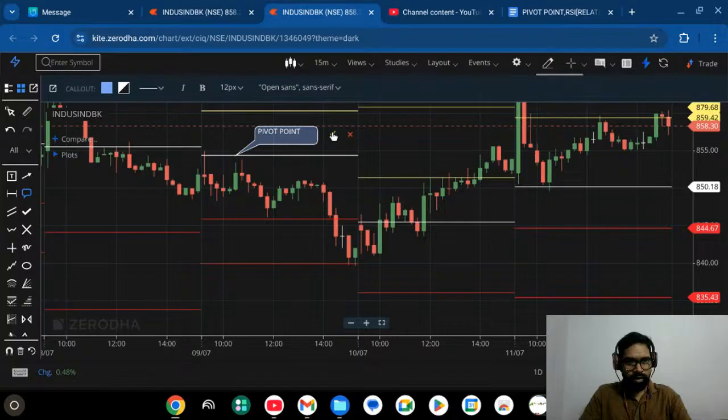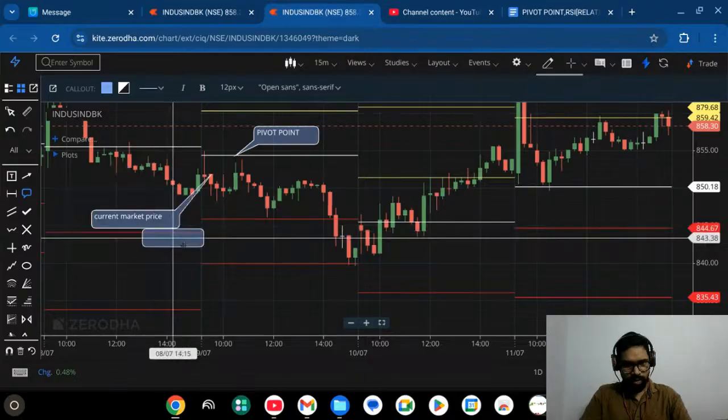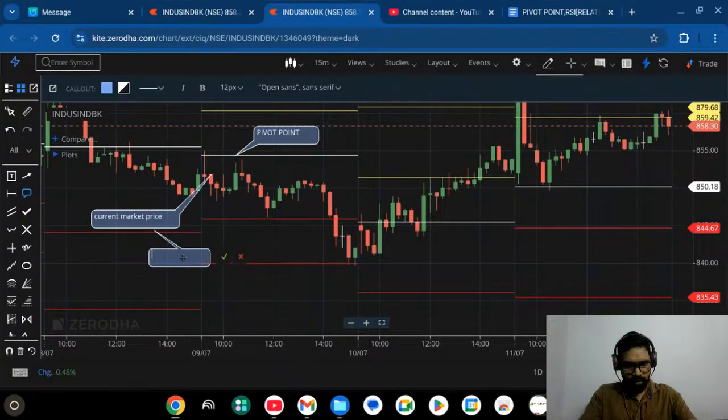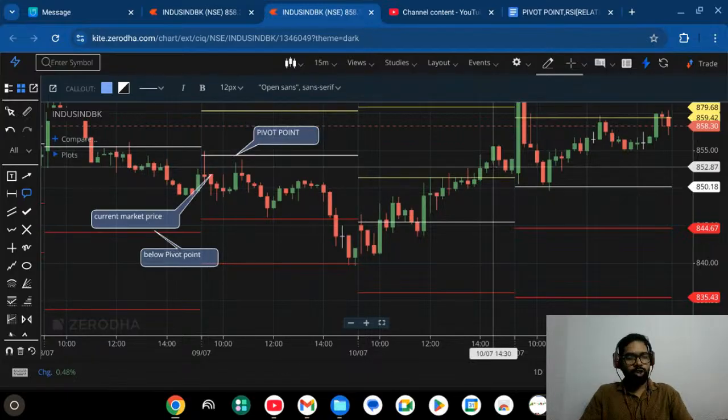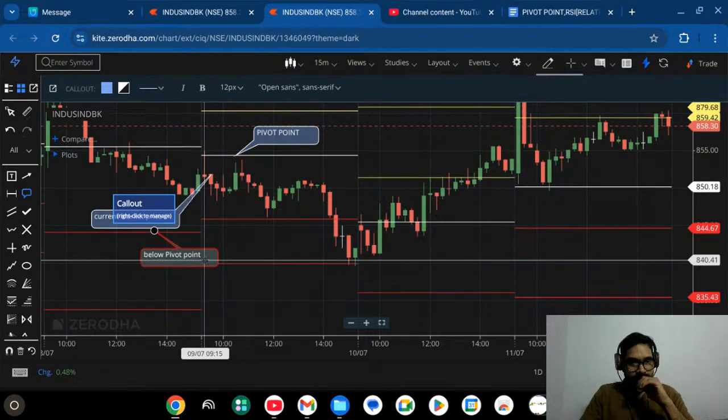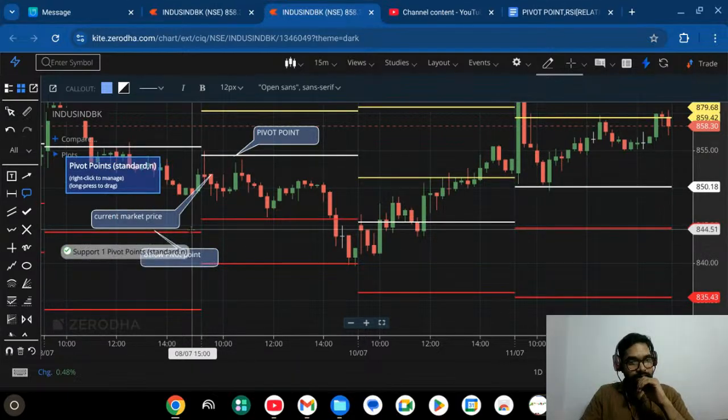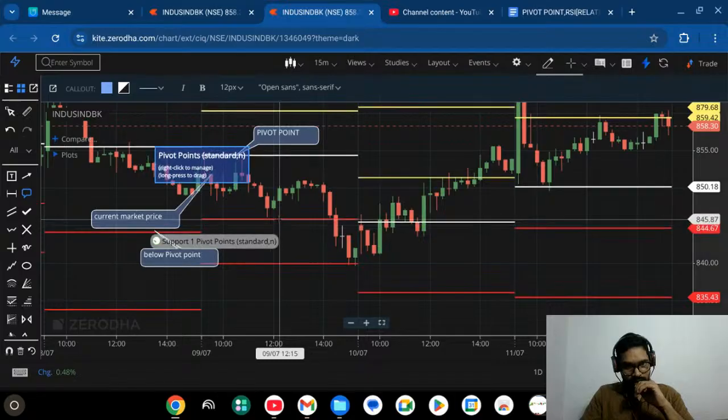Okay, now the current market price was here, below the pivot. For example, the current market price is here, which is below your pivot. As I told you, if the current market price is below your pivot point, then the market will reach your downside levels.